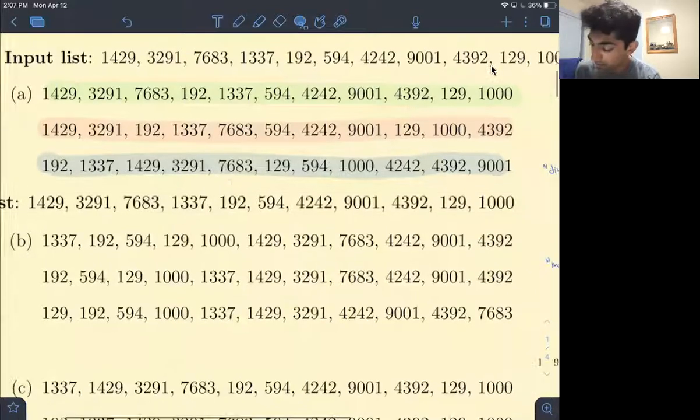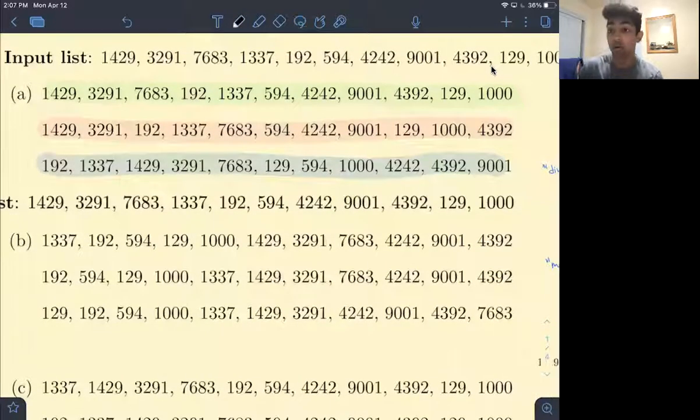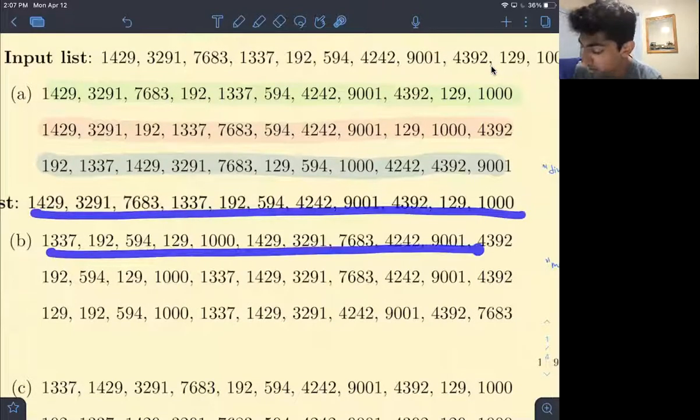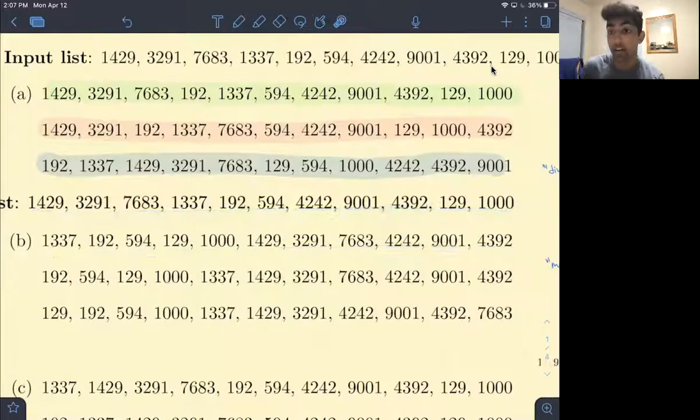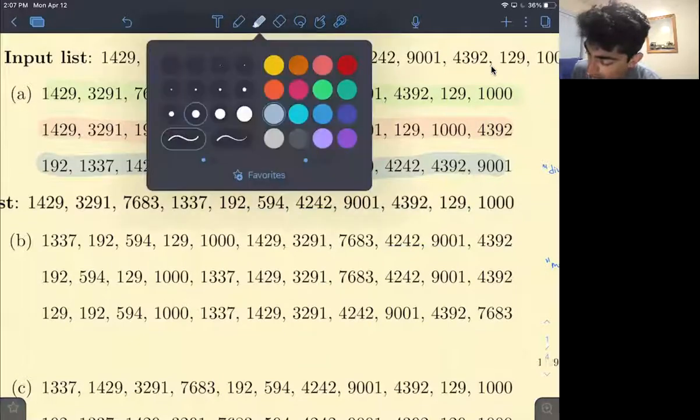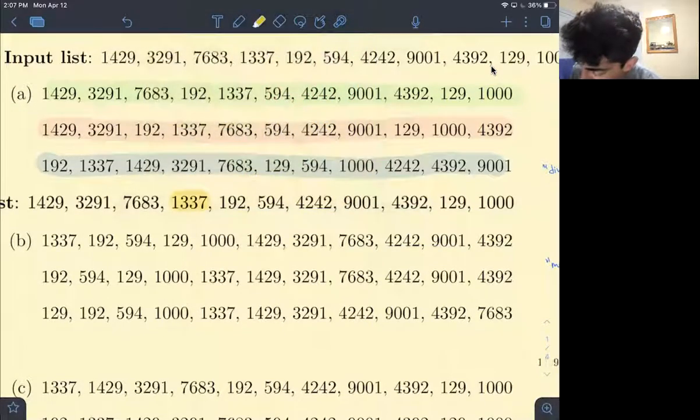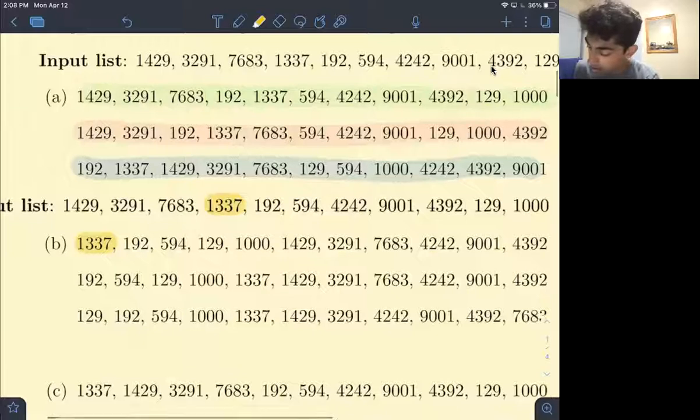This input list. And what we'll notice is that the only change from this input list to the first step that is shown is that this number 1337 hops here, right? And what's also going to change is that 192 hops here. And 594 hops here.